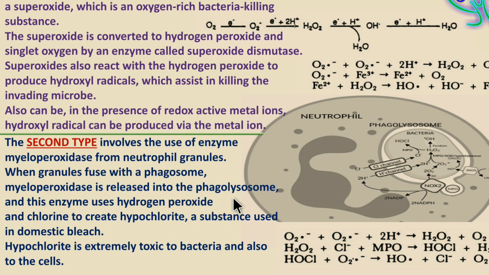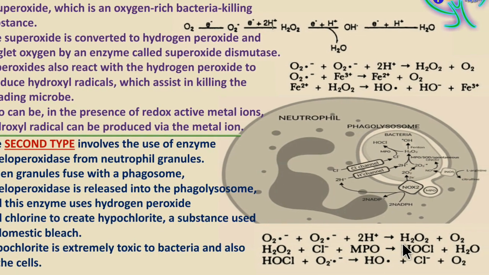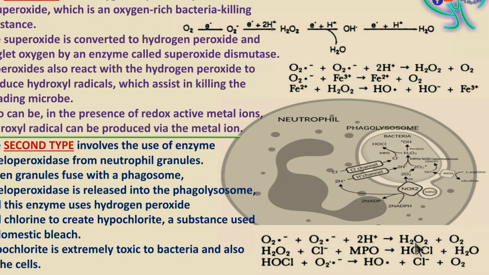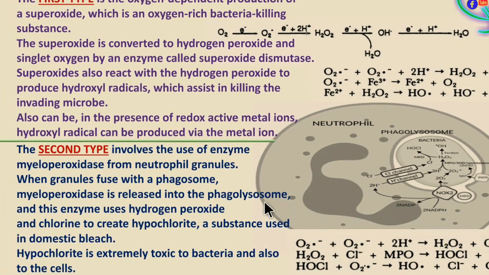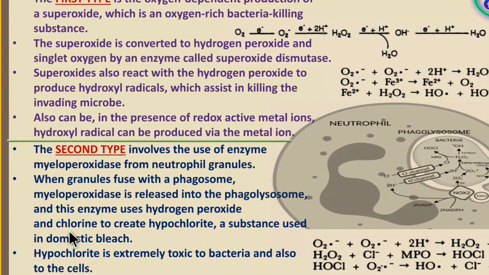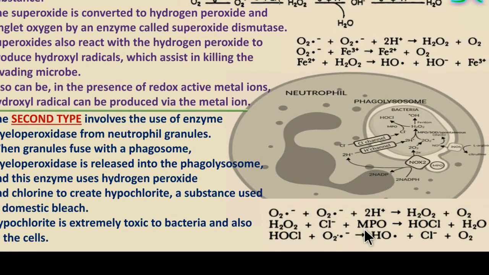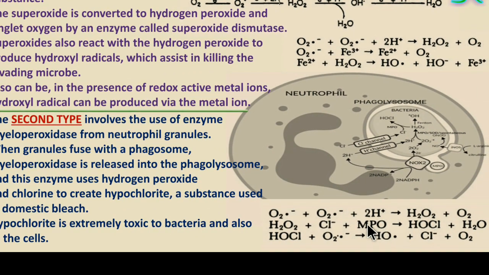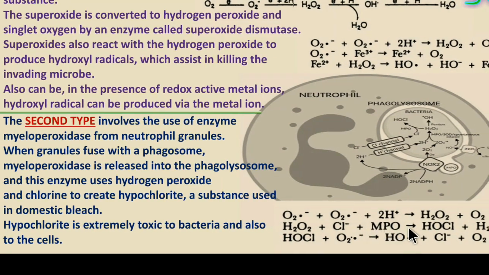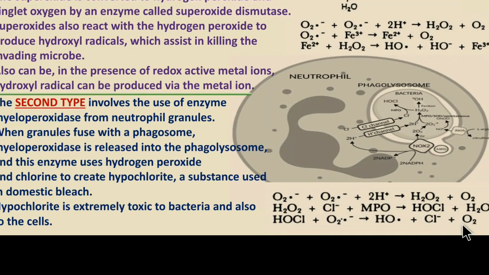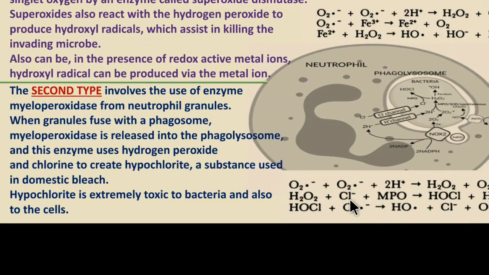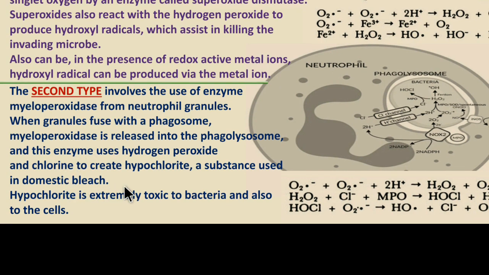After the formation of the phagolysosome, the enzyme uses hydrogen peroxide. So here this is the hydrogen peroxide, and it takes chlorine to create hypochlorite. Here this is the myeloperoxidase enzyme, and further a substance used is domestic bleach.